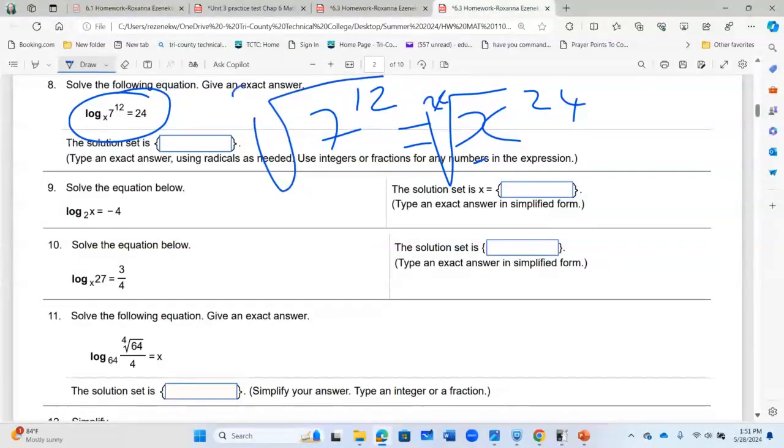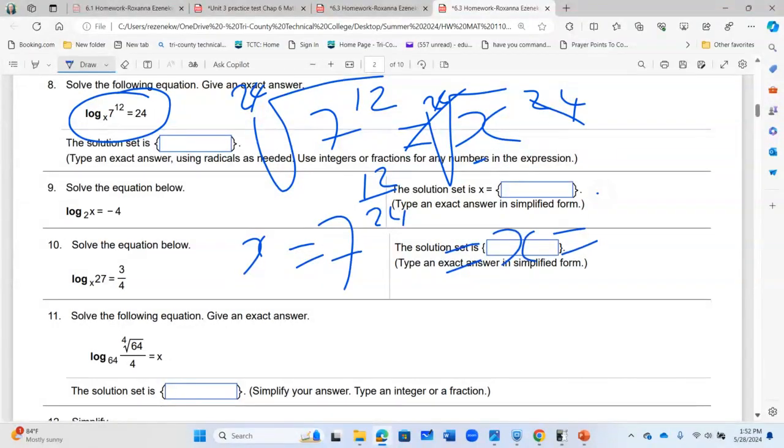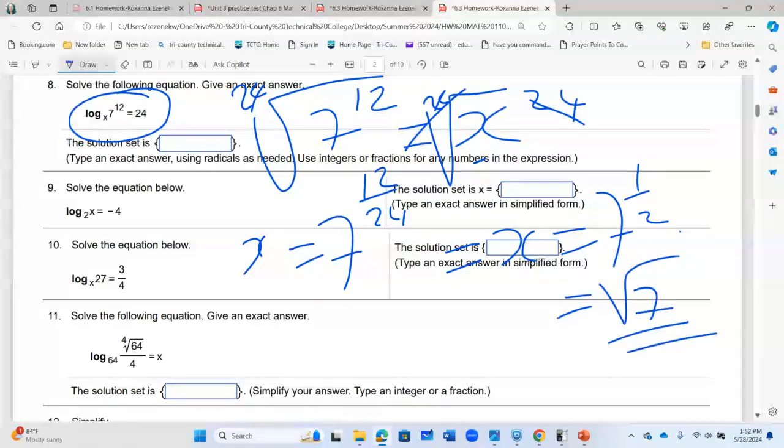So I have x equal to 7 to the 12 over 24. 12 over 24 is 1/2, so x is equal to 7 to the 1/2. Another way of writing this is square root of 7. So my answer will end up being square root of 7.